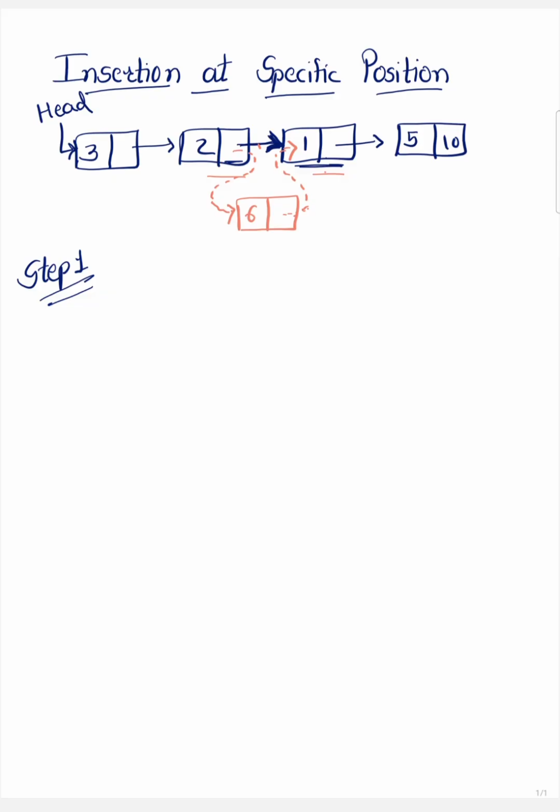That means first of all we need to do a memory allocation, right? For that we can use malloc or calloc. So create a new node and store its address.